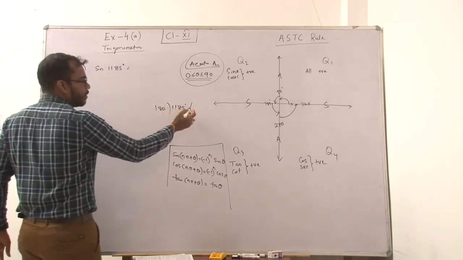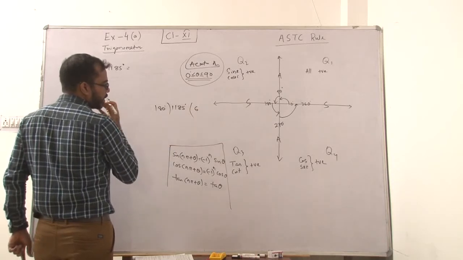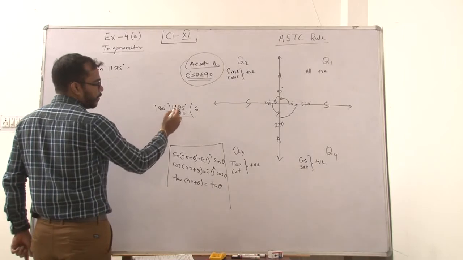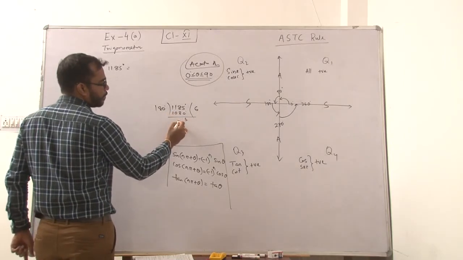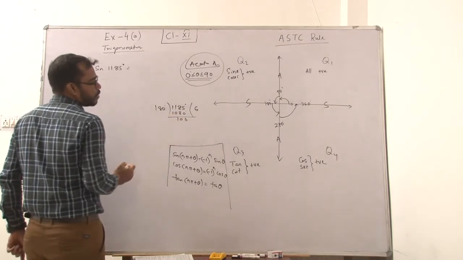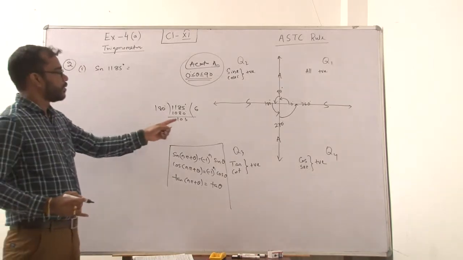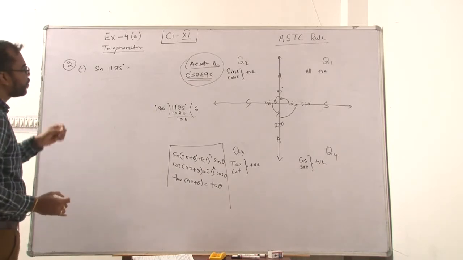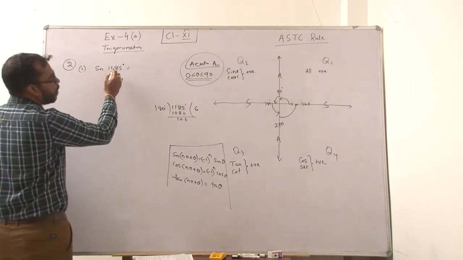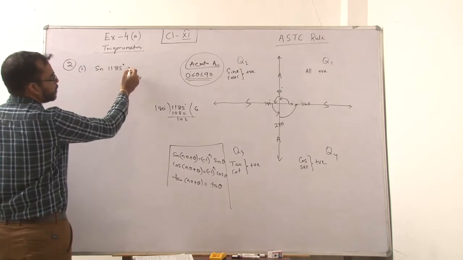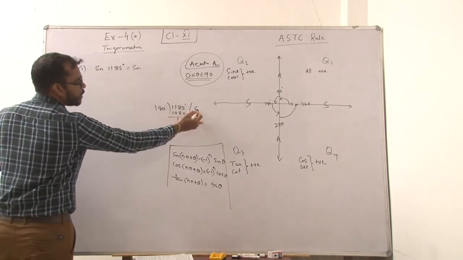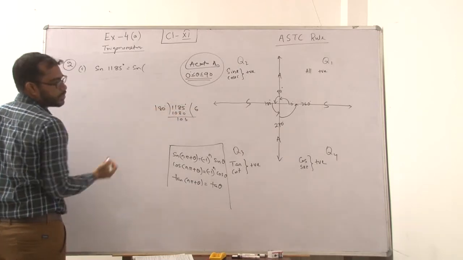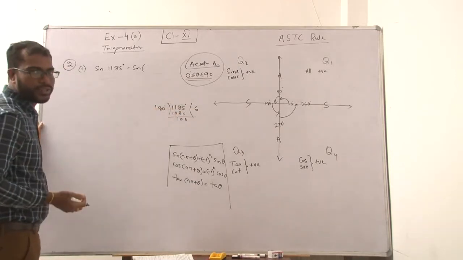If we multiply by 6, it is 1080 degree, and the remaining part is 105. So here you can see the remainder is 105 degree. So you can write sine 1185 degree is equal to sine (6 into 180), or you can write 6π, because π is the radian form and 180 degree is the degree form.